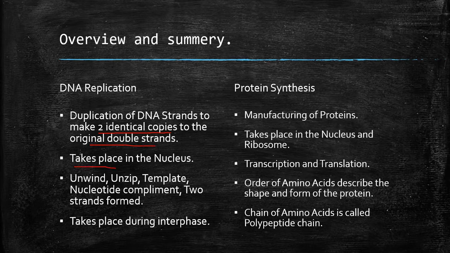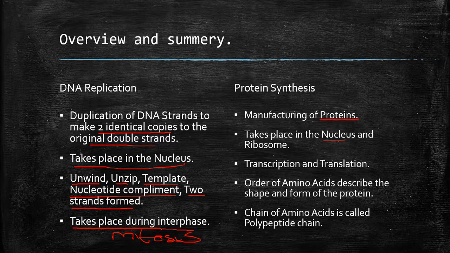This takes place in the nucleus, and the process was unwinding, unzipping, one strand serving as a template, and free-floating nucleotides complementing the bases on the template strand. Two identical strands will be formed, and this takes place during interphase of mitosis.